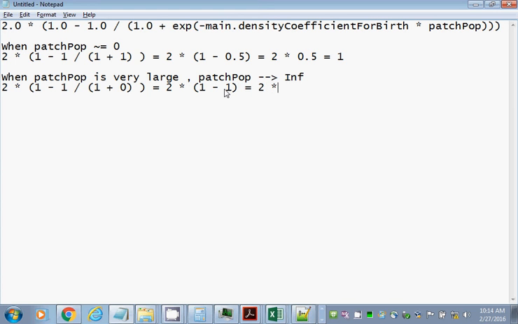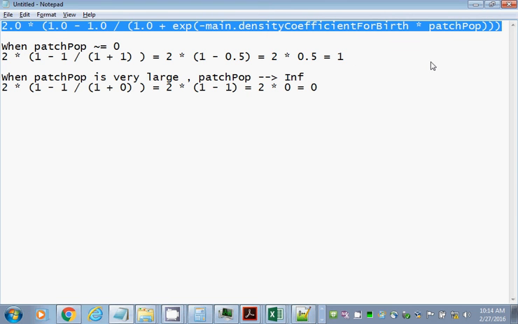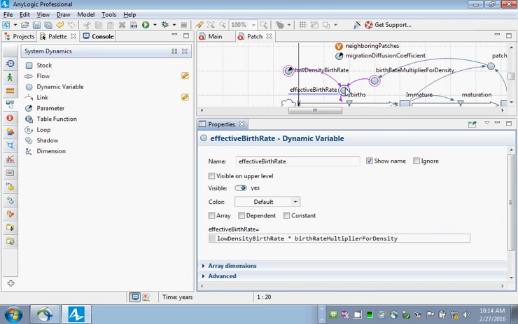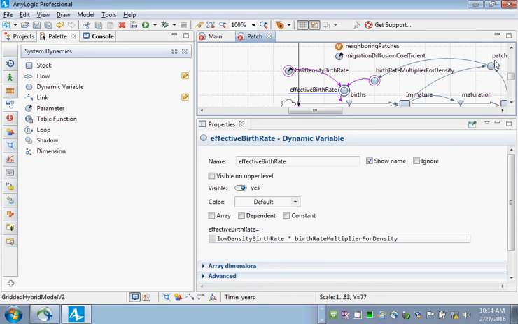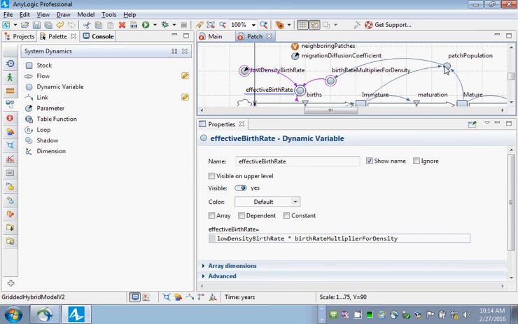And then we're going to have not only a variability in birth rates between cells in this low density birth rate, but also a density dependence, which makes sure that even if the system's out of whack in terms of its basal birth rate, in terms of its birth rate at low densities, the system can only grow so much in terms of its patch population before stabilizing. And the lower the patch population gets, the more efficient birth will be, and therefore it will tend to sustain itself.